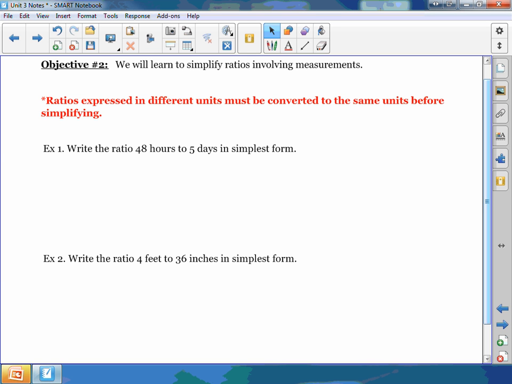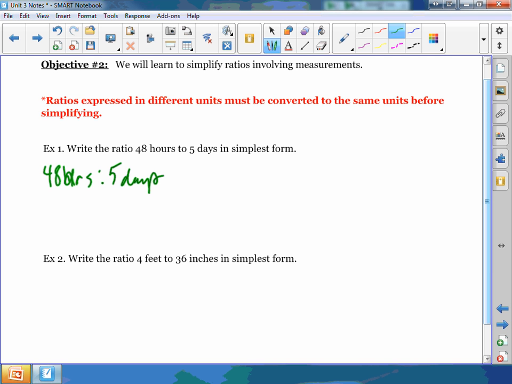And when I put this into simplest form, technically simplest form must be in the same units. So when I say write a ratio here, I don't want us to write 48 hours to 5 days and be like, well, that's simplified because they don't have any common factors. We're good. No, actually, what we need to do is make a conversion here.